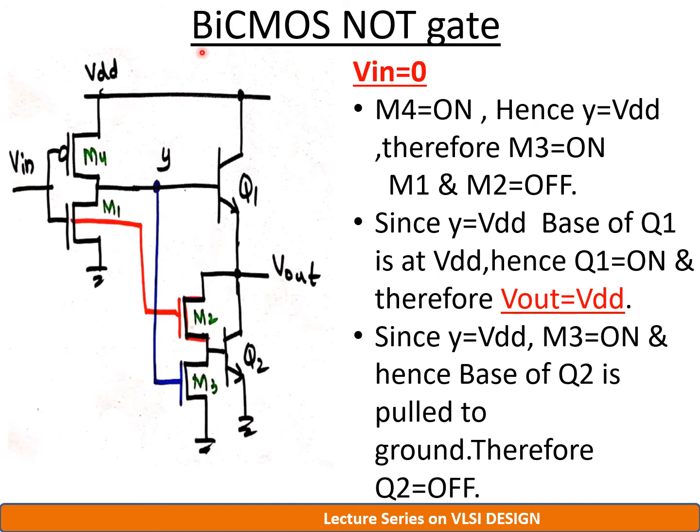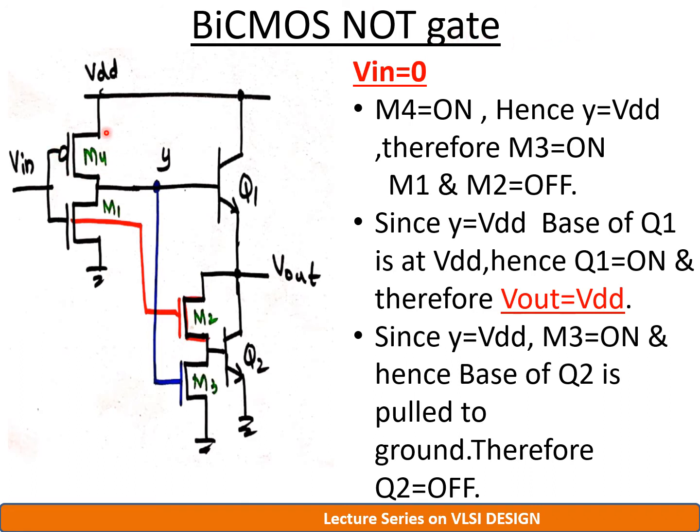So let's begin with the first BiCMOS circuit, that is BiCMOS NOT gate. So as discussed in the previous slide, at the input side we have to implement a CMOS schematic, and at the output side we need to use two BJTs, and we'll have an N block here. So NOT gate expression is Y equals A bar.